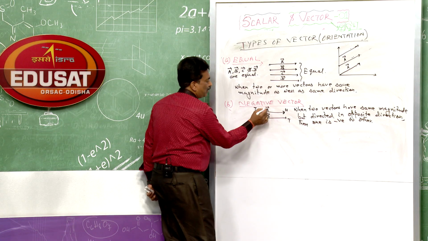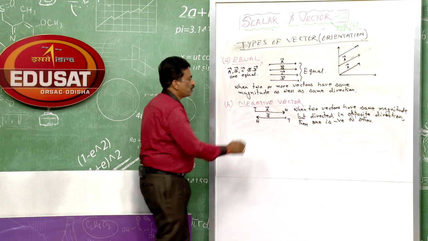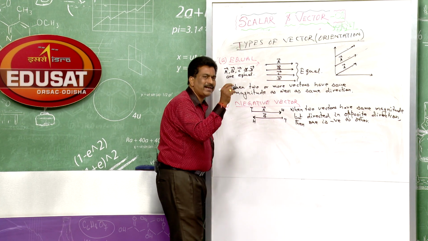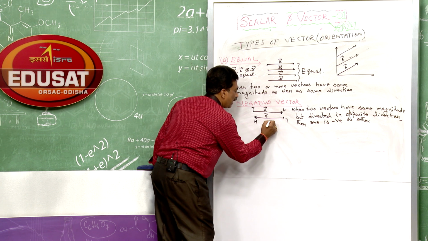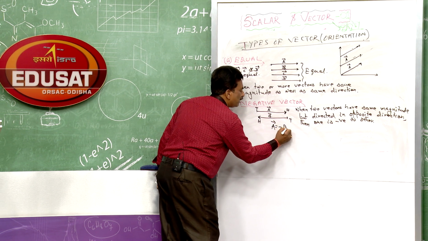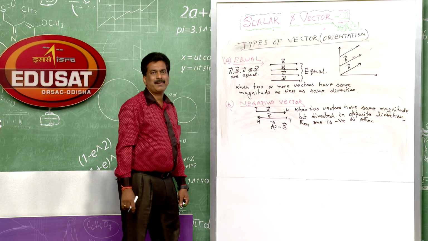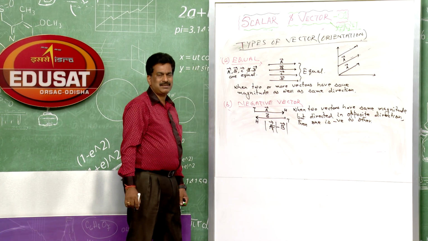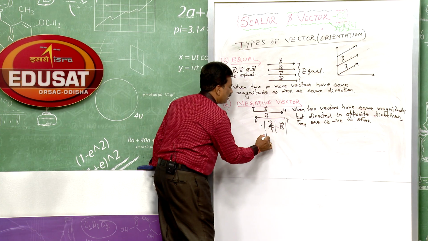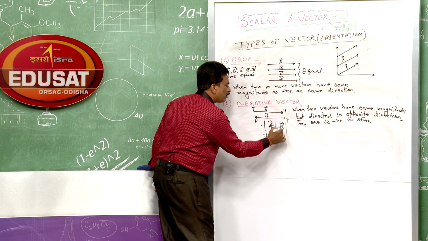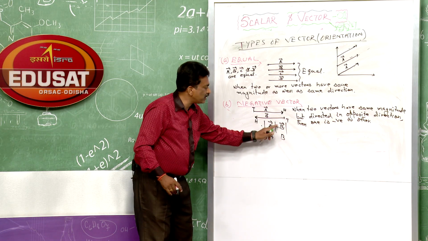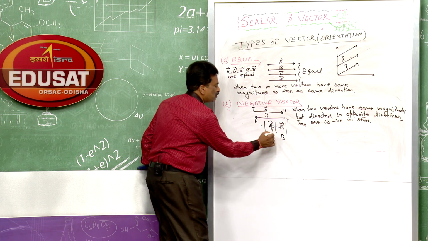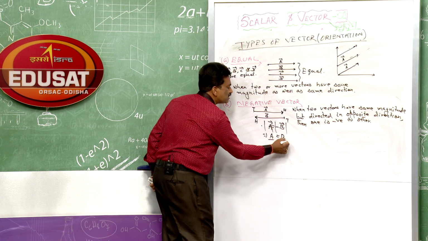As for the example, A and B are two vectors, so we will say A is negative to B, B is also negative to A, meaning the A vector is negative to the B vector. If you take the modulus of each, the A vector modulus is A, and the B vector modulus is B, with the minus sign with the modulus always giving you plus, so that is also B. So, A is equal to B.